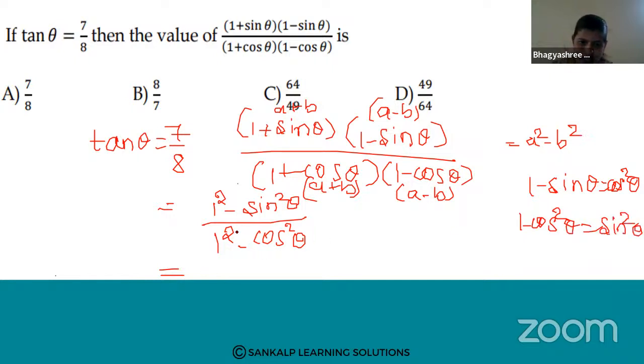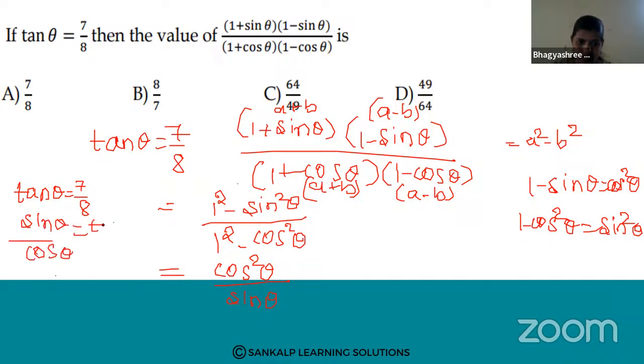So here I can write it as 1 minus sine square theta, which is cos square theta, divided by 1 minus cos square theta, which is sine square theta. We know the value of tan theta, that is 7 divided by 8. Tan theta means sine theta divided by cos theta.